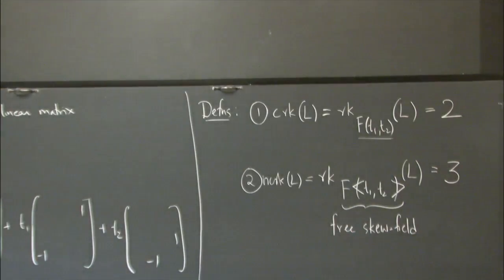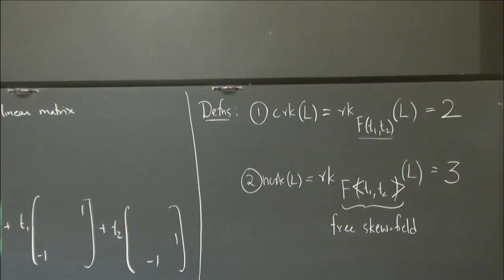So the natural question was, how do you define rank over these non-commutative fields? How do you define rank over a commutative field? There are so many ways. You can define row rank, column rank. You can ask for the size of the largest minor. What else can you do?